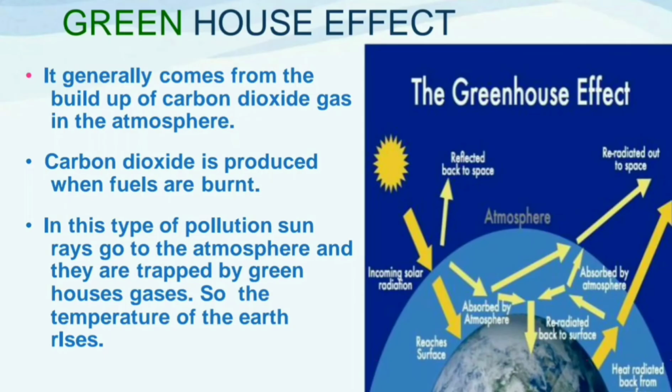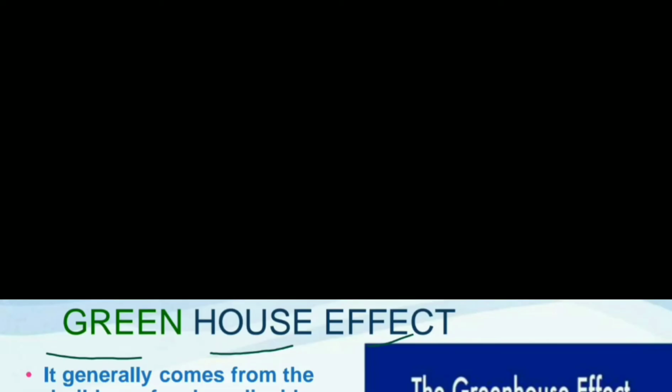The next effect of air pollution is the greenhouse effect. Some gases present in the atmosphere like carbon dioxide, methane, water vapor, nitrous oxide, chlorofluorocarbons, etc. have the capacity to trap some of the heat radiation that is reflected from the earth.